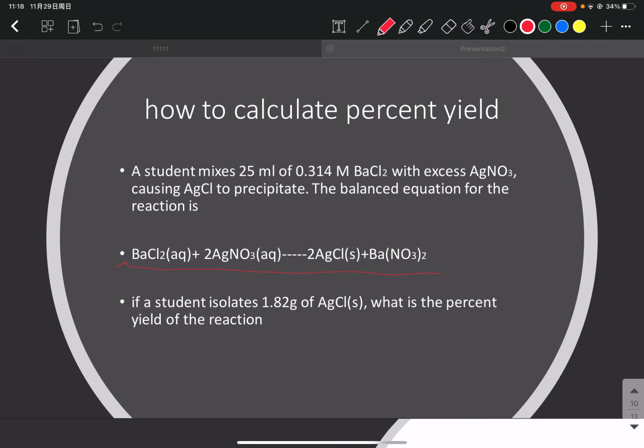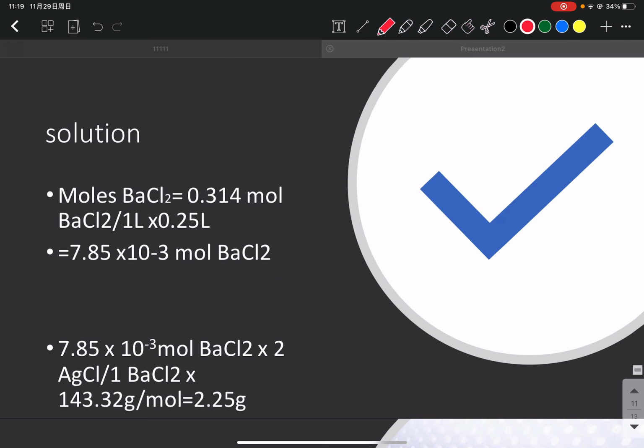So, to determine the theoretical yield of AgCl, we first need to know how many moles of BaCl2 were consumed in the reaction. Now that we have the quantity of BaCl2 in moles, we can find the theoretical yield of AgCl in grams. So here is the calculation.